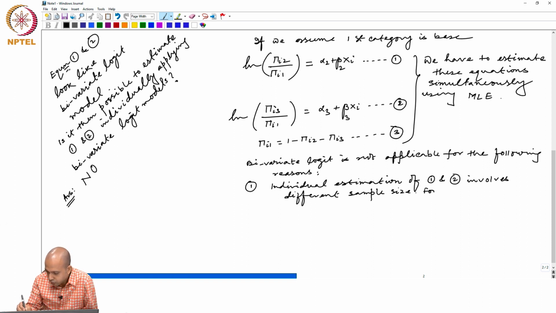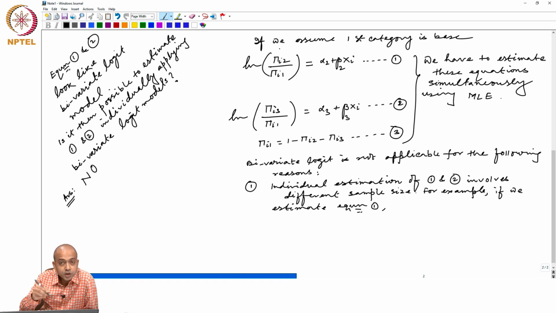For example, if we estimate equation 1, what are we estimating? Probability of a 2 years college over no college. So those who have opted for a 4 years college, their information is not there in this equation.